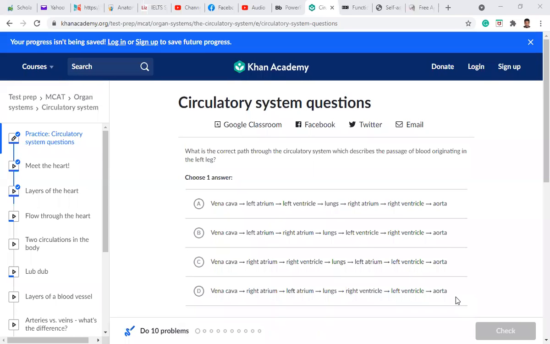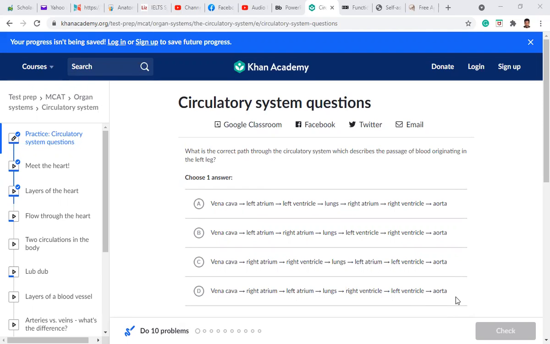So this quiz says, what is the correct path through the circulatory system, which describes the passage of blood originating in the left leg? A, you have vena cava to left atrium, to left ventricle, to lungs, to right atrium, to right ventricle, and then aorta.